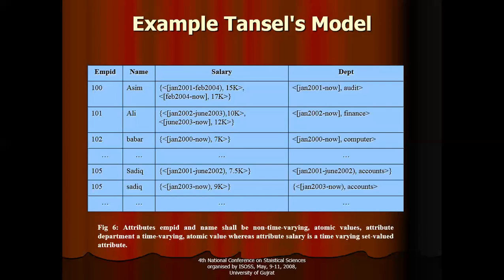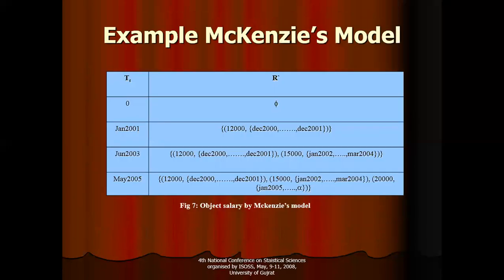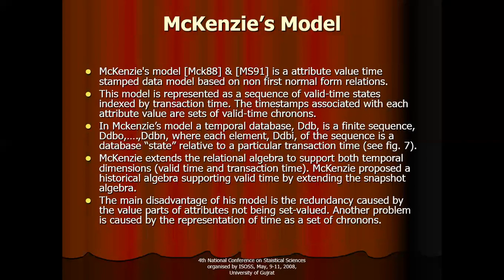And now we will move to the next model, that is called the McKenzie model. McKenzie introduced various models if you go into the literature, and he has a lot of contributions as far as temporal databases are concerned. So the McKenzie model is also an attribute value timestamping model, as we have discussed in the previous model.